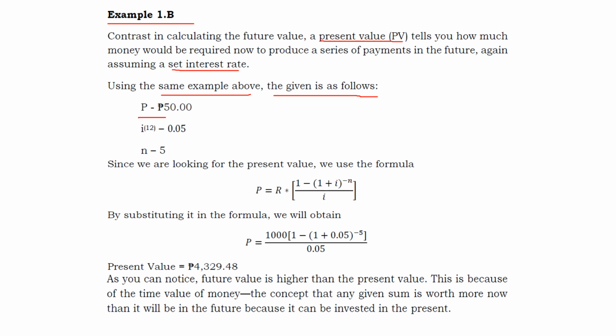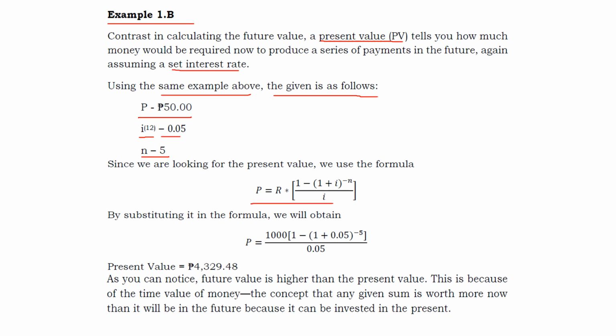Your R is 50 pesos, your i is 0.12 over 12, n is 5. As you can see, since we are looking for the present value, we use the formula.